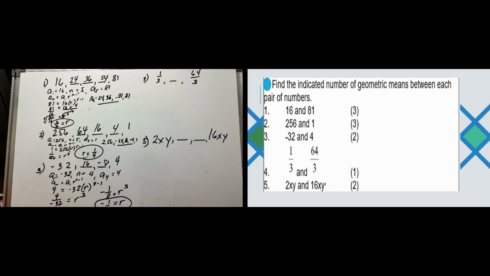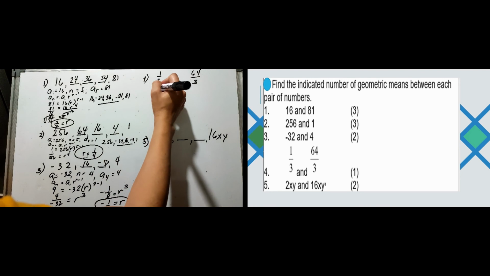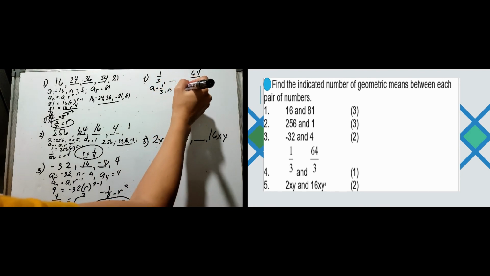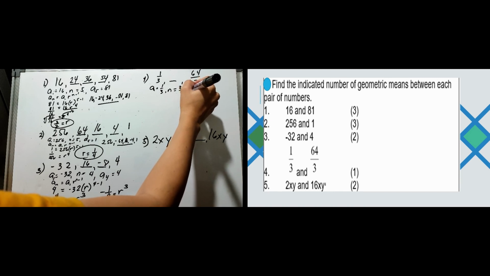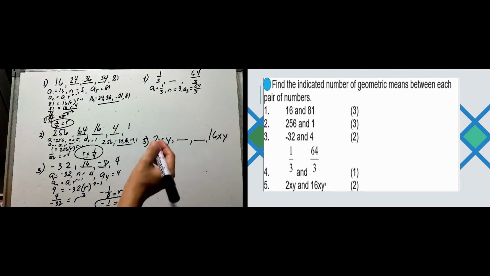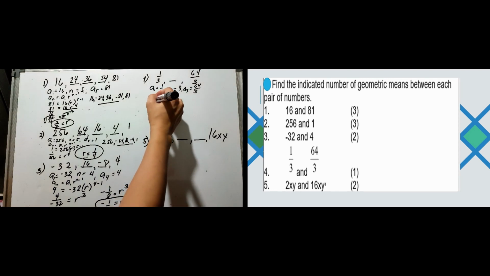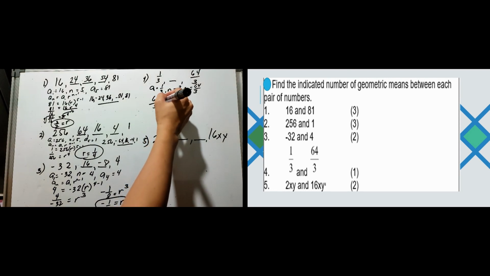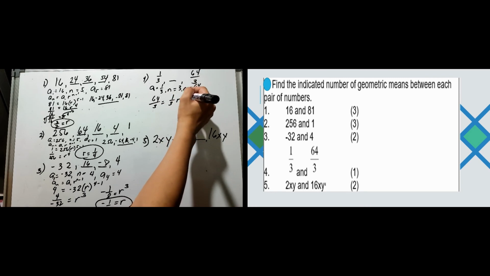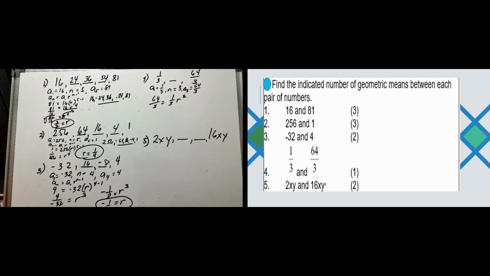Let's have number 4. So for number 4, your first term is 1/3. Number of terms is 3. So a sub 3 is equal to 64/3. Okay. So it will be 64/3, 1/3, then 3 minus 1 is 2.